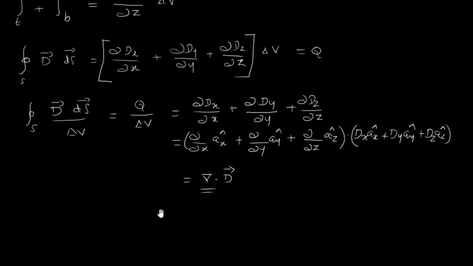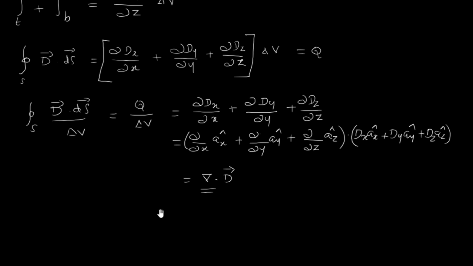When I talk about delta v, the term itself indicates that v is infinitely small. So when the volume is very small, Q is the same as rho v. When delta v is diminishing, exactly a point charge, then rho v at that point is the same as Q.